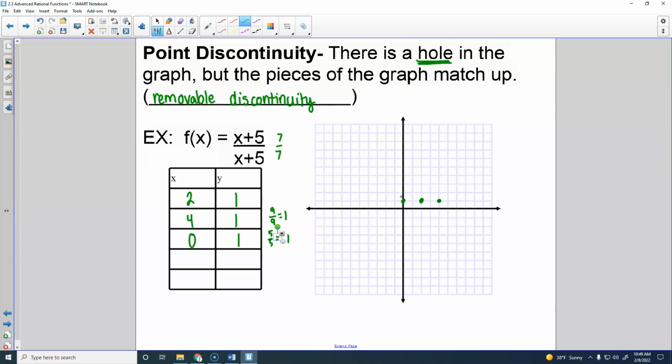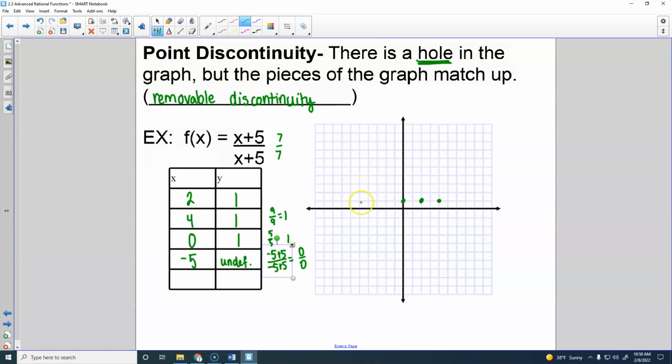If I plug in negative 5, I would get negative 5 plus 5 over negative 5 plus 5, which equals 0 over 0. 0 over 0 does not equal 1. 0 over 0 is actually what we call the indeterminate form, but we could also just call it undefined there.